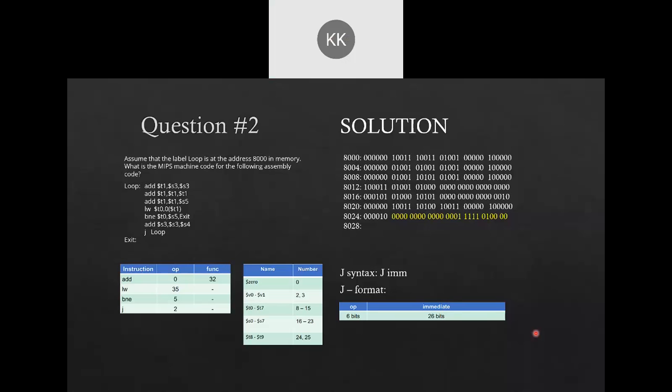The value of the 26-bit immediate here should be 2000. Why should it be 2000?